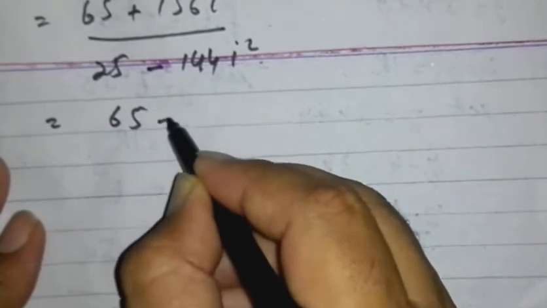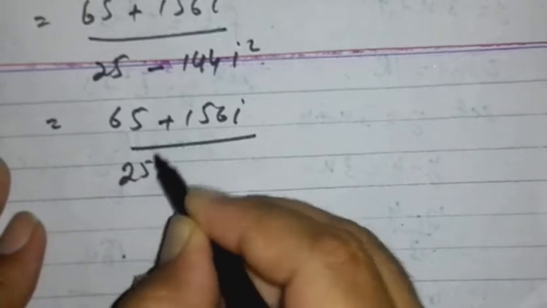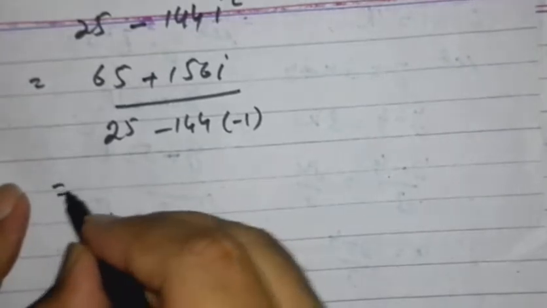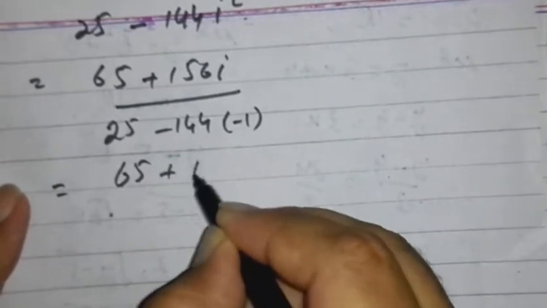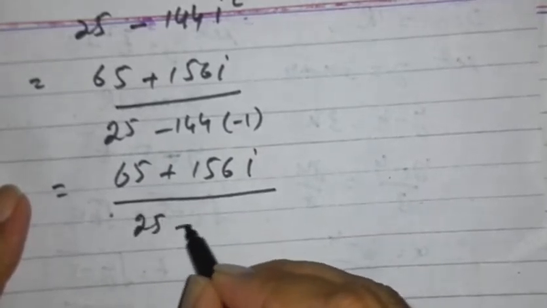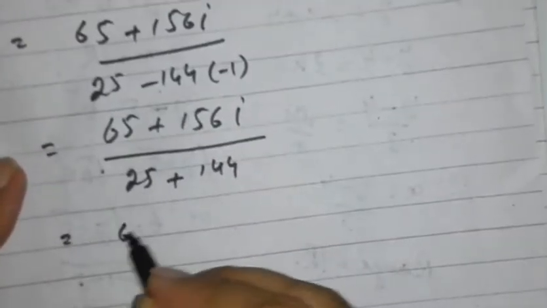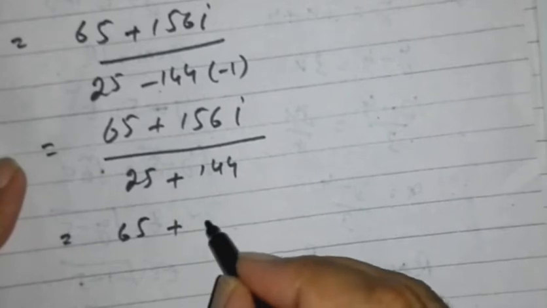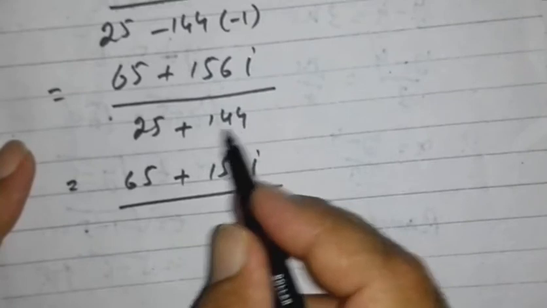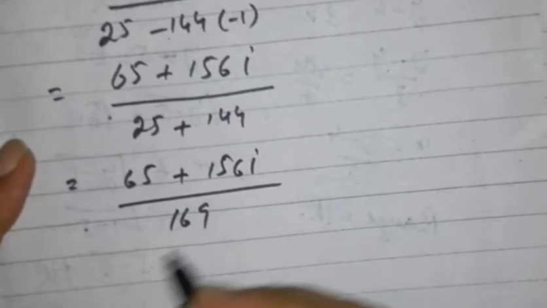So we can write it 65 plus 156 iota divided by 25 minus 144, and iota square value is -1. So we can write it 65 plus 156 iota divided by 25 plus 144, minus into minus. So we get here 65 plus 156 iota divided by 144 plus 25, we get 169.